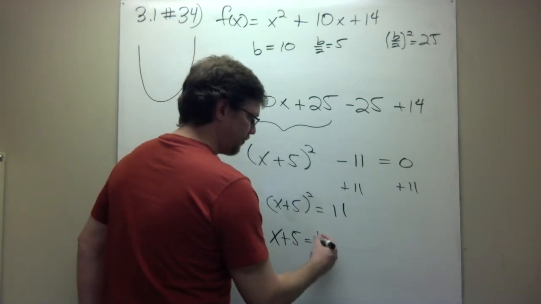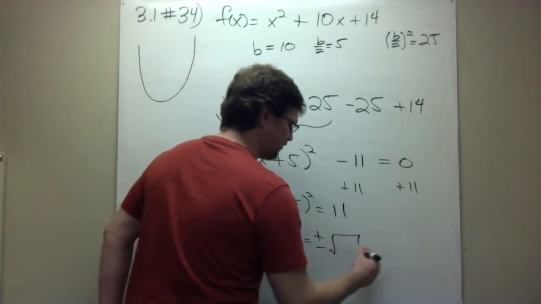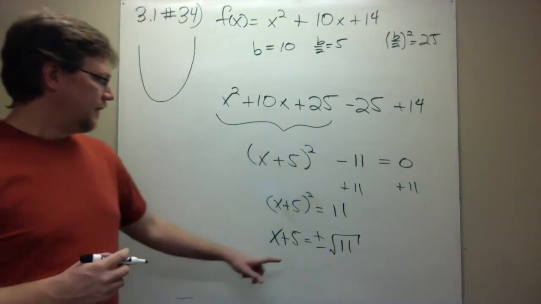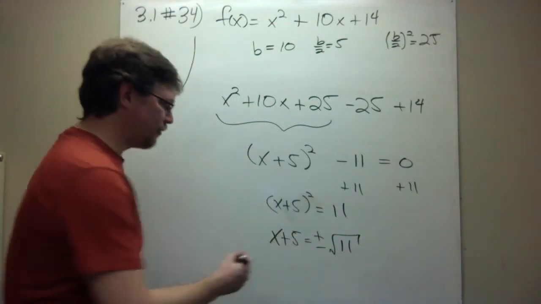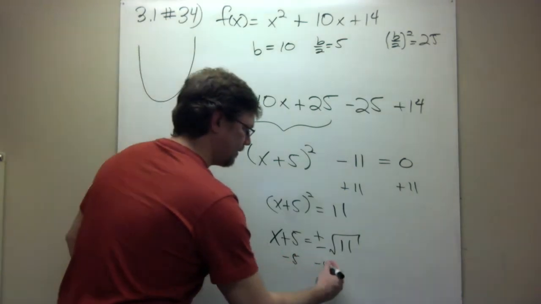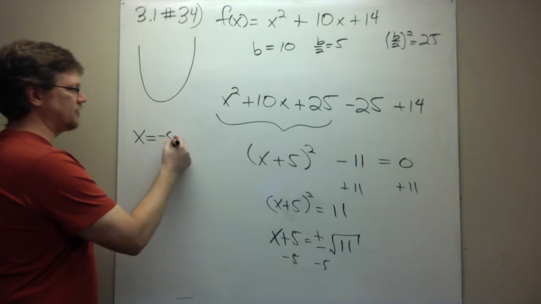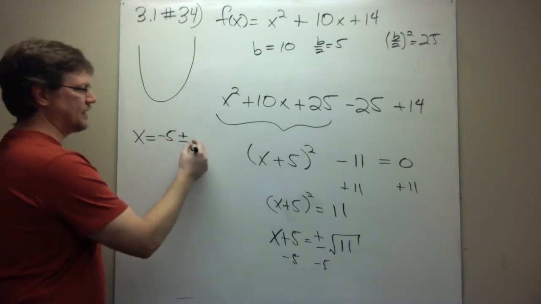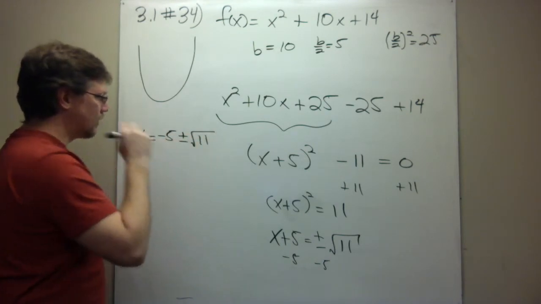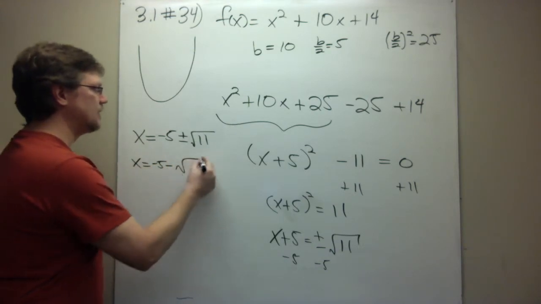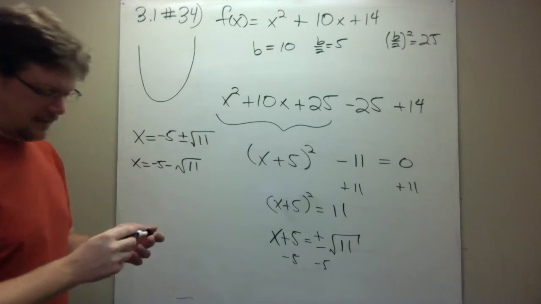We have to allow for both the positive and the negative square root. Okay? And then I subtract my 5 over, leading us to my two roots. x is minus 5 plus or minus the square root of 11. Okay, so x is equal to minus 5 minus the square root of 11.